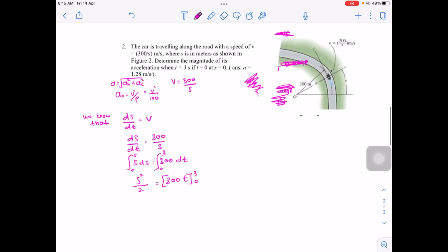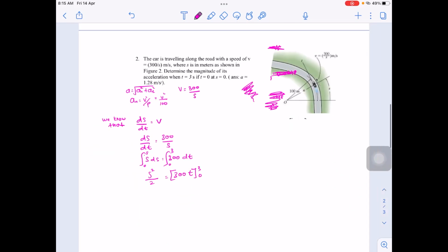Cek balik kalau saya salah. S squared. Okay, try masuk lah. Kita try buat lah. S squared is equal to 300 times 3 times 2.